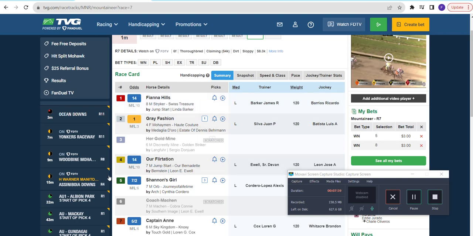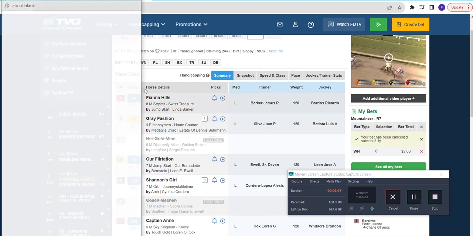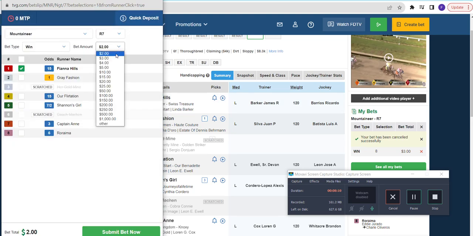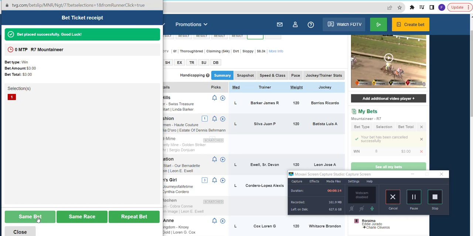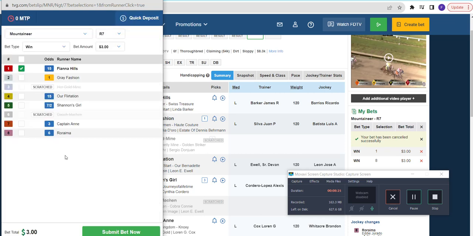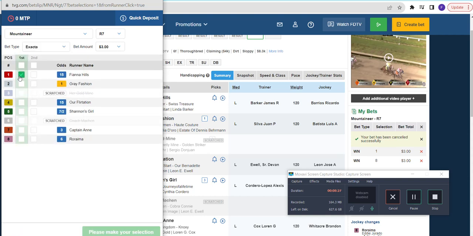Right now, with the scratch of that 3, that 5 has now gone down. I'm taking my $3 win wager off of there. I'm keeping it on the 8, and I'm going to replace that with the win wager on the 1 horse instead. And then I think I'm also going to play an exacta with the 1 and the 8 over the 2 and the 5.